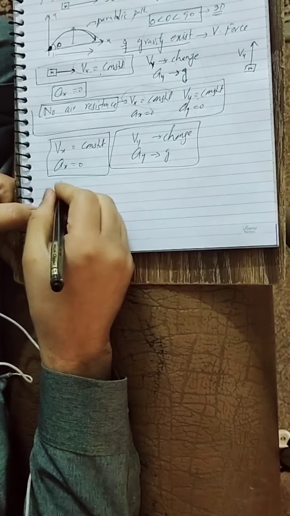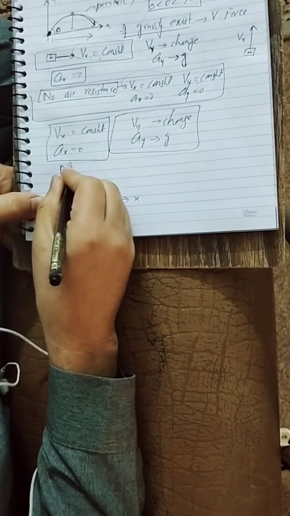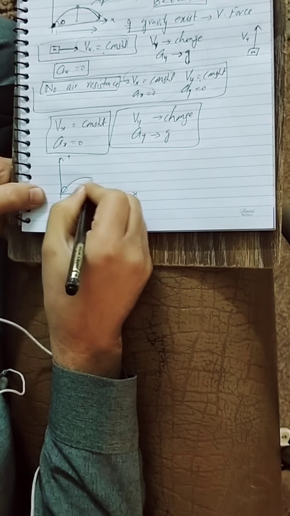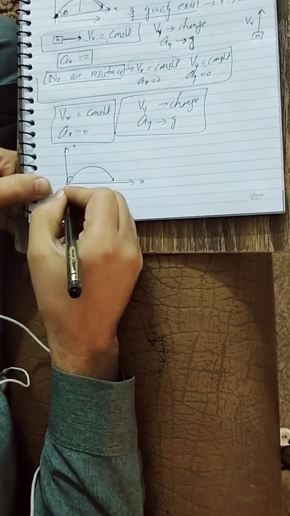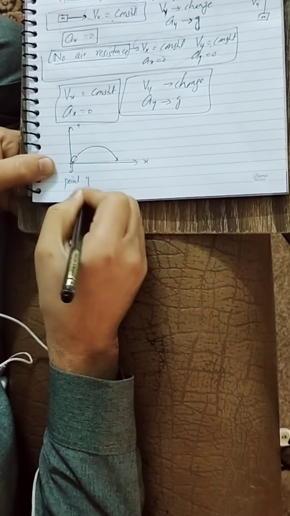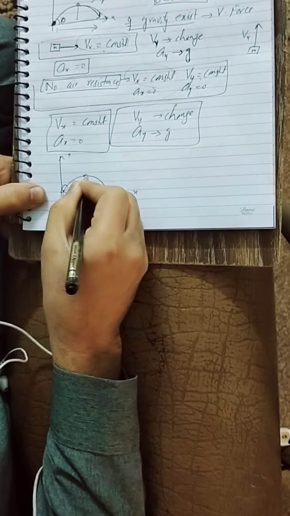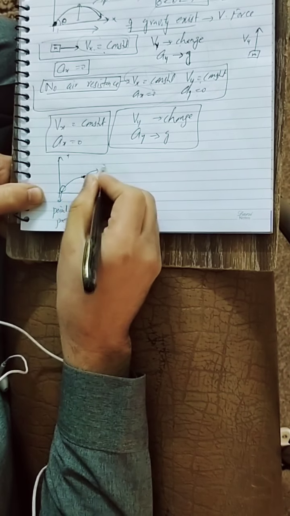For example, if we throw a ball up and it follows two-dimensional motion like this. Look at here. This point is called the point of projection. This highest point is called the summit point.